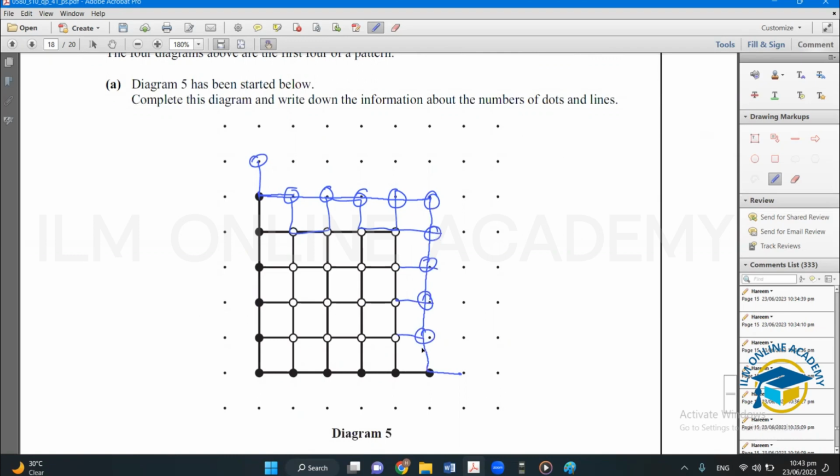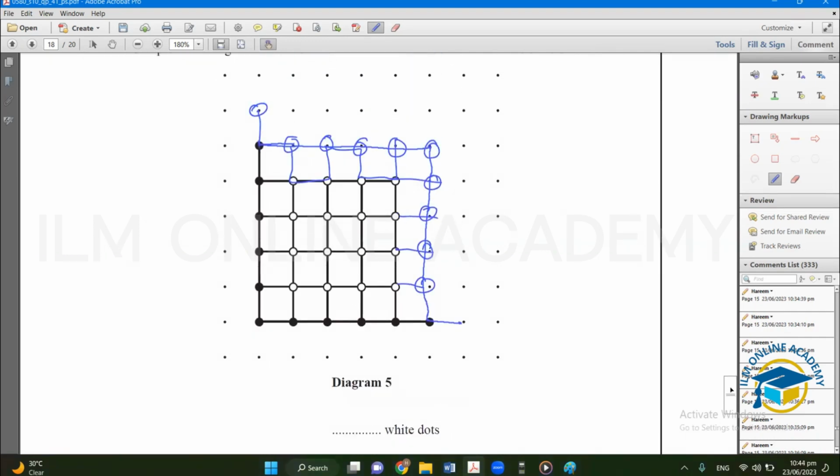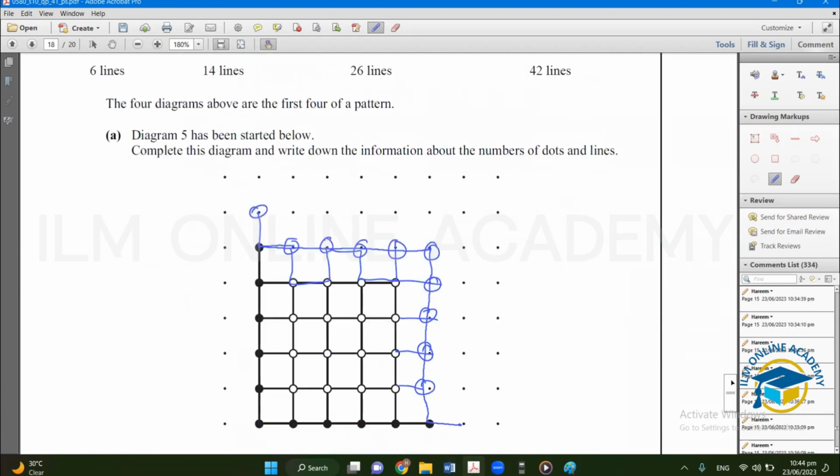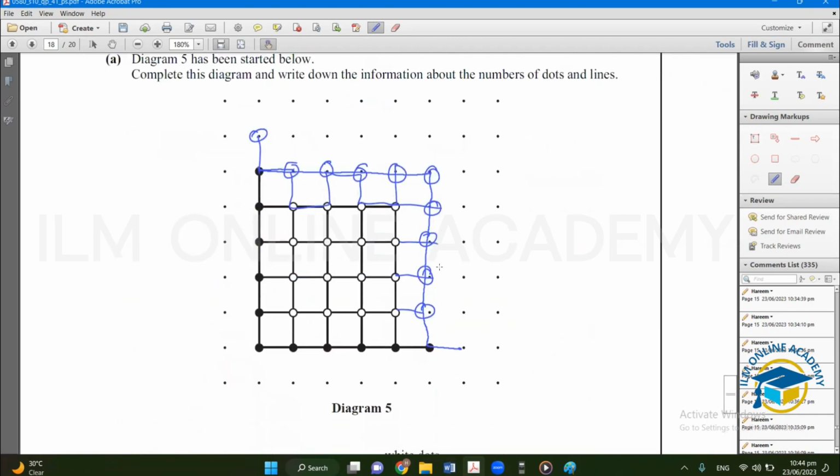Okay, so now if I look at the pattern that is being followed, because this is diagram 5, if you note, diagram 1 has 1 white dot, diagram 2 has 4, diagram 3 has 9. It means that for the number of the diagram, the number of white dots is its square. Diagram 4 has 16 white dots, so ultimately diagram 5 has 25 dots.